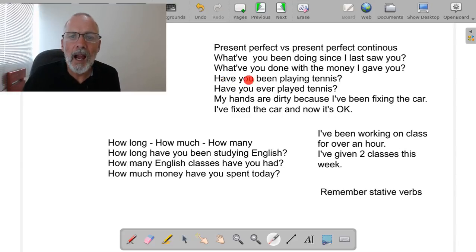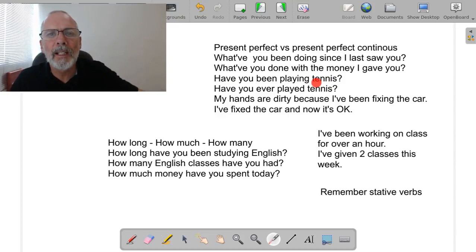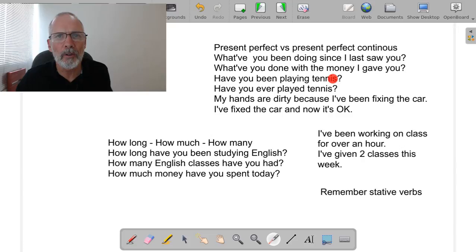Have you been playing tennis? I'm asking you if you've been doing this activity recently. Present perfect continuous. And here, have you ever played tennis? Asking you if you have in your life.